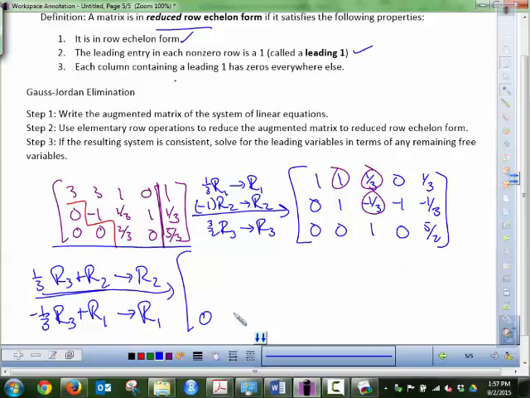So I didn't change the last row, but I will change the second row. And the first 2 is not going to change because there's 0 contribution. Now this is going to be 0. This is going to be -1, and this is going to be 1/2.